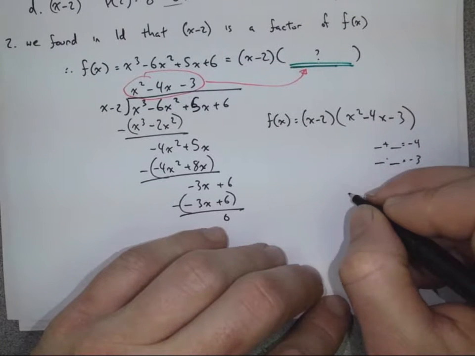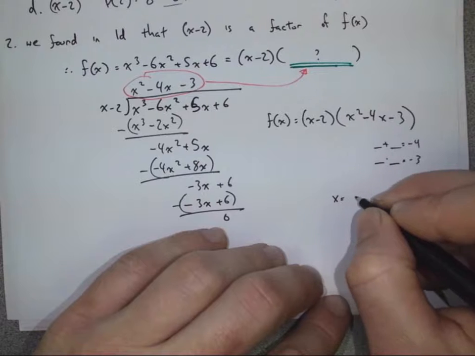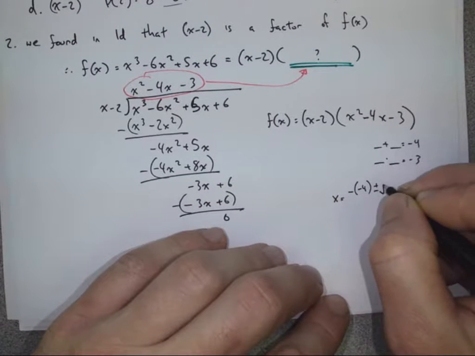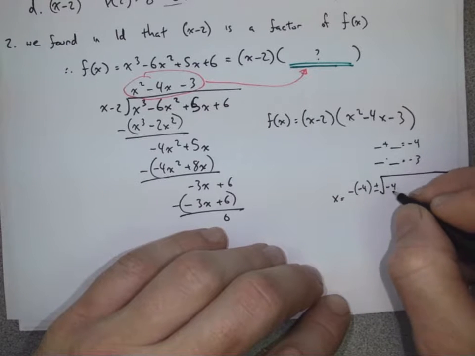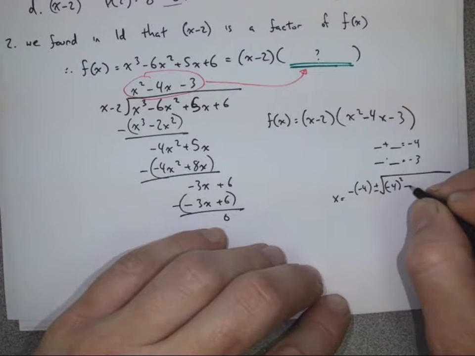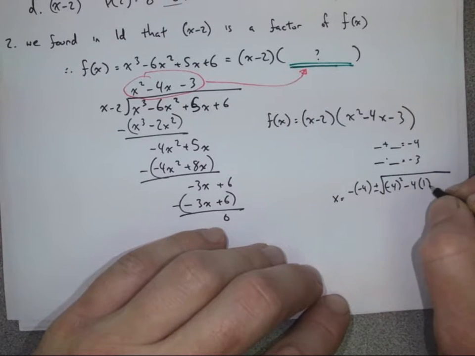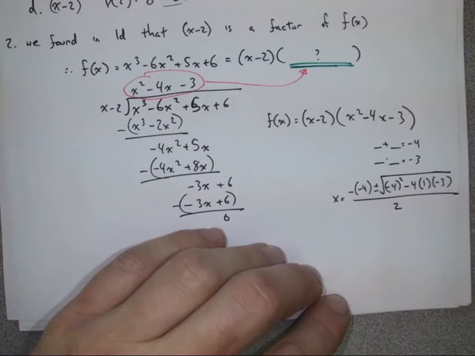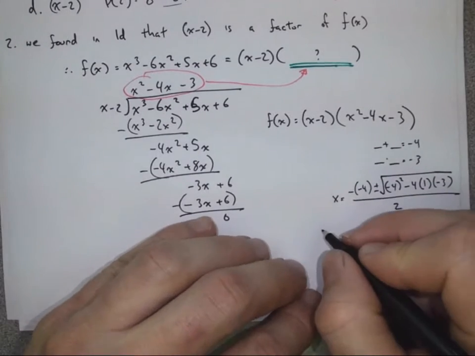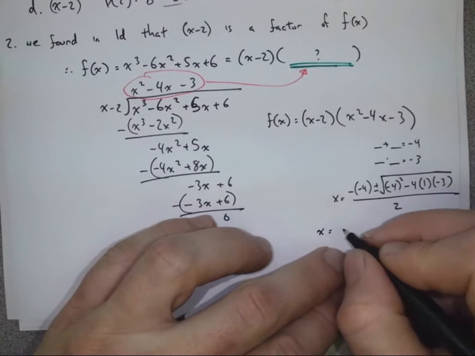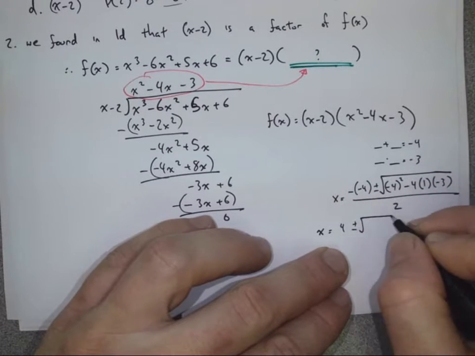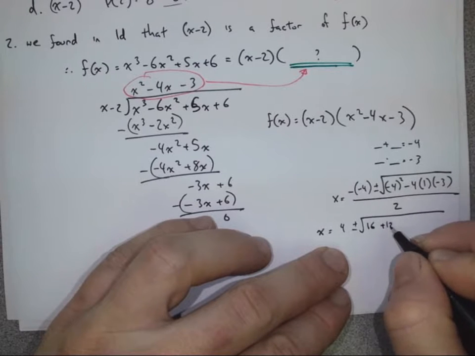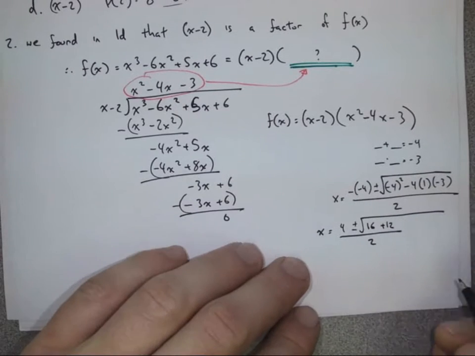So I'm just going to say x is negative 4 plus or minus the square root of negative 4 squared minus 4 times 1 times negative 3, and that's all over 2. So in other words, we're going to have two roots, 4 plus or minus the square root of 16 plus 12 over 2.